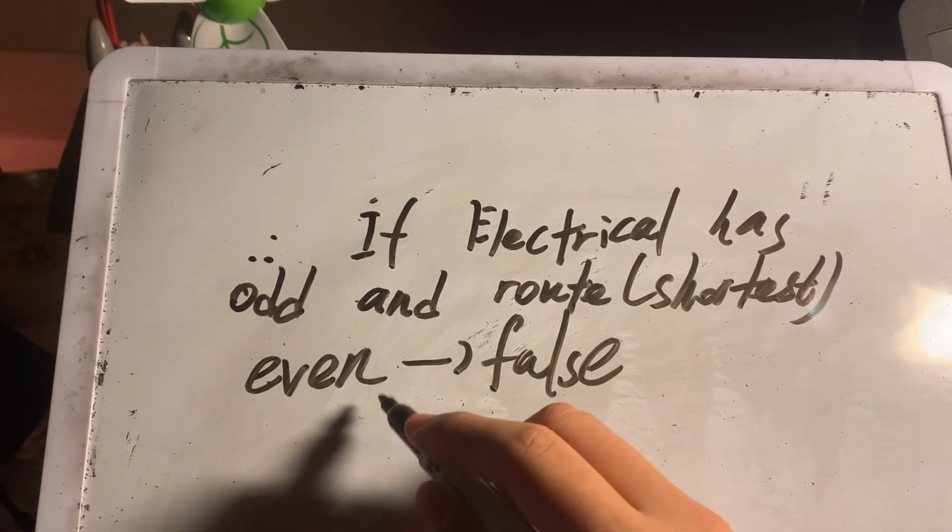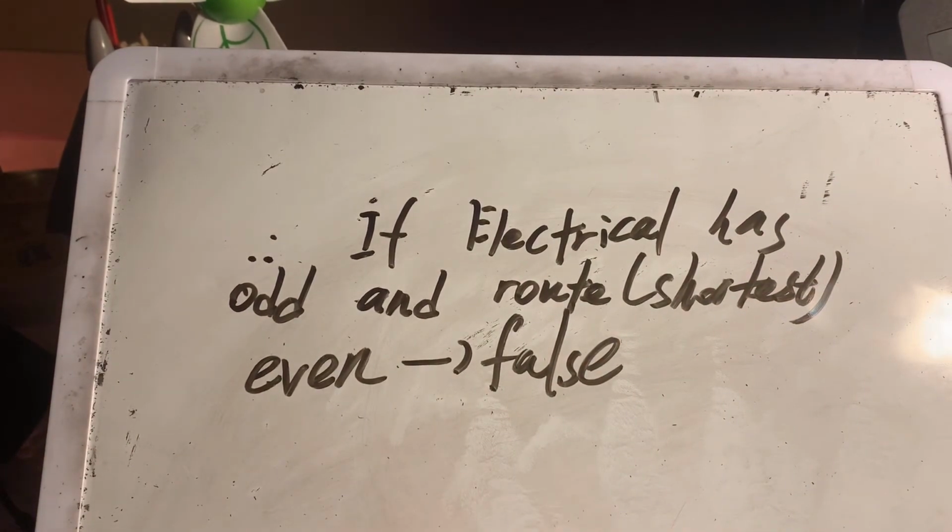On the opposite side, it's the same. If the electrical energy is even and the route is odd, it's also false. So now we have analyzed every type of outcome, and we can see the code.